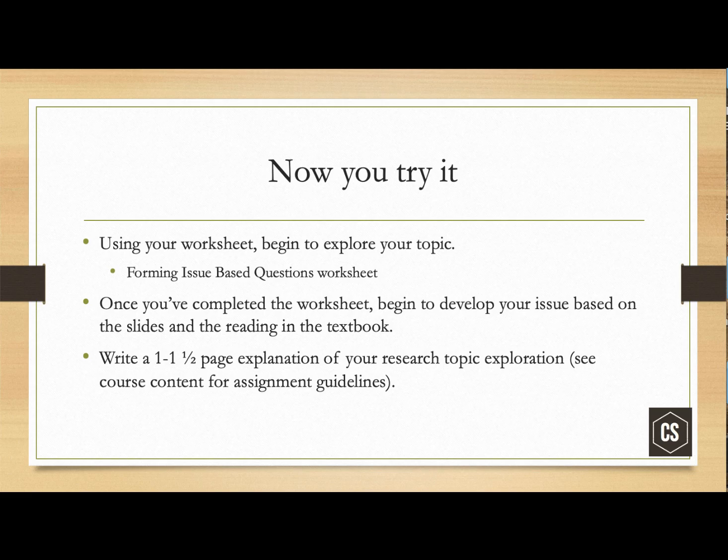The interesting thing about the OER textbook, and I think somebody mentioned it earlier this semester, is it's not complex or very in-depth. So these two articles that I'm going to have you read don't take very long to read. And the end result is that you're going to write a 1 to 1.5 page explanation of your research topic exploration. And there are guidelines in the course content. All right, so let's look at the worksheets.